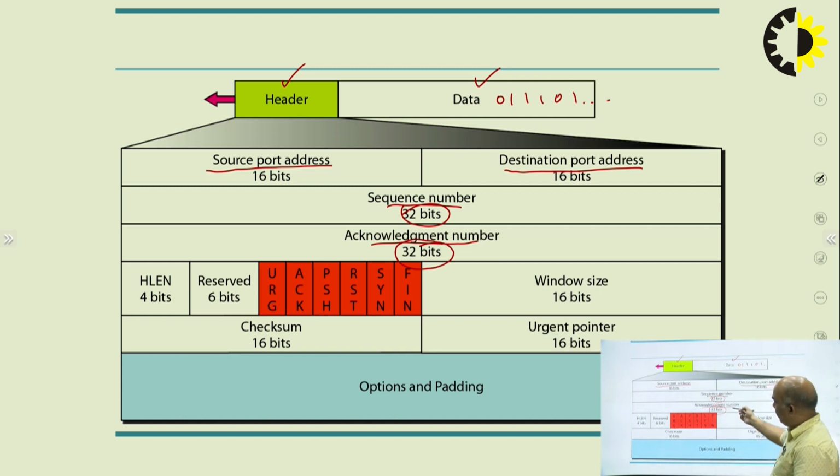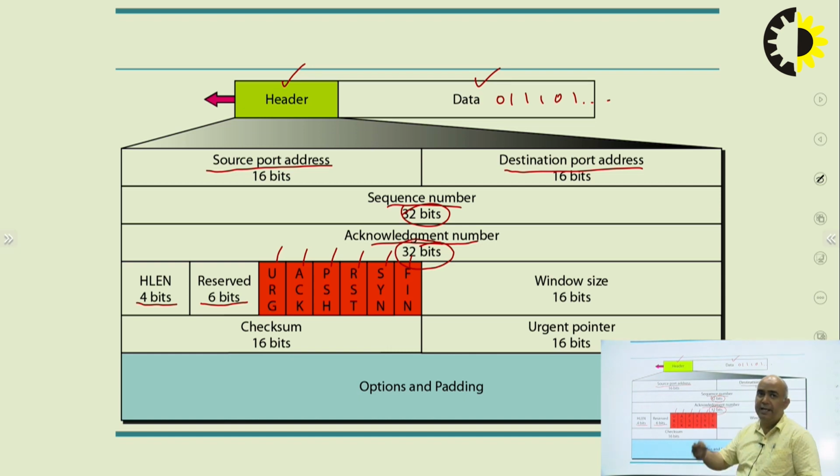We have the header length of 4 bits in this case, and here we have 6 bits reserved in this header format. These are the various flag bits on which we define what type of information we are sending or what kind of information is needed: urgent, acknowledgement, push, reset, sync and finish. These signals are generated as needed.